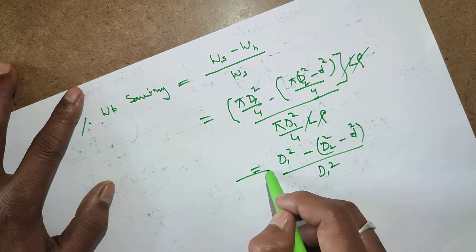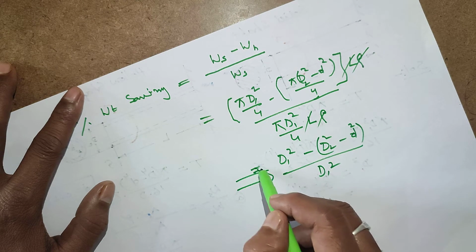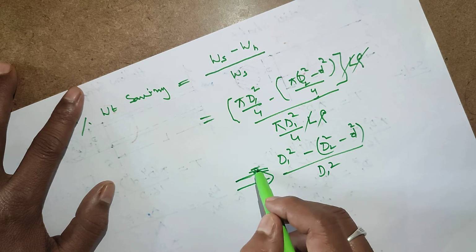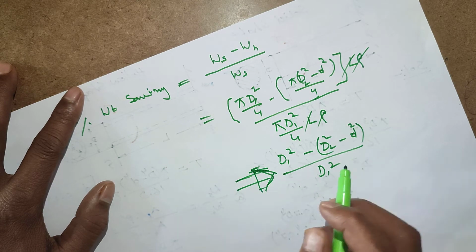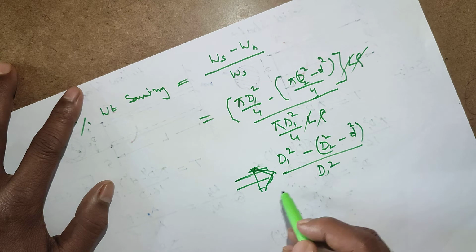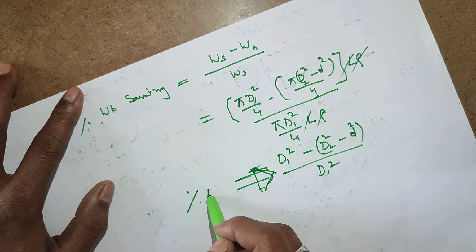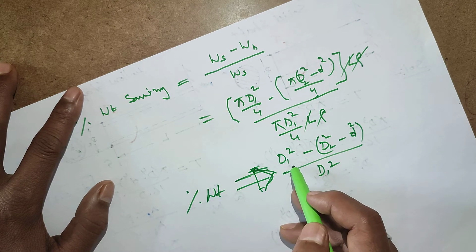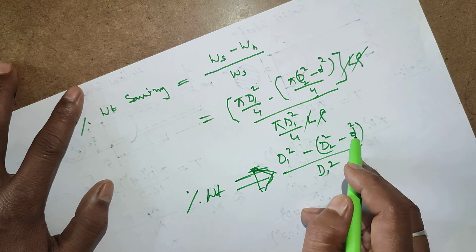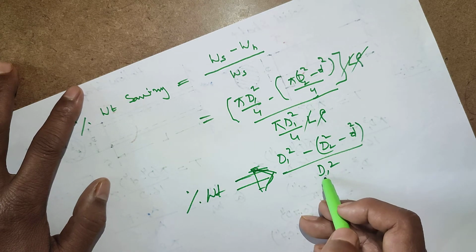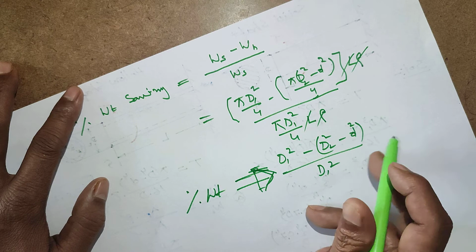This is the most popular problem in competitive examinations. So if you remember this percentage of weight formula, d1 square minus d2 square minus d square divided by d1 square, you will get the value.